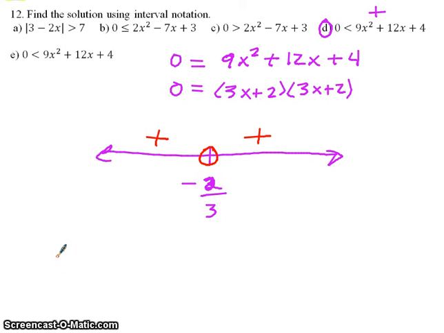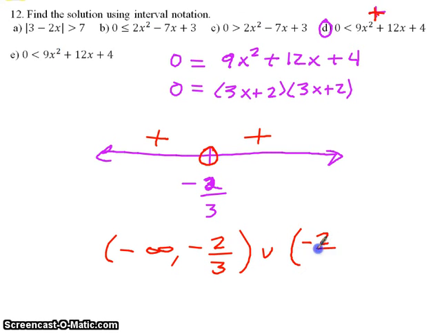So we can plug in any value except for negative 2 over 3. So we're going from negative infinity all the way to negative 2 over 3, not including the negative 2 over 3. And then from negative 2 over 3 all the way to positive infinity.